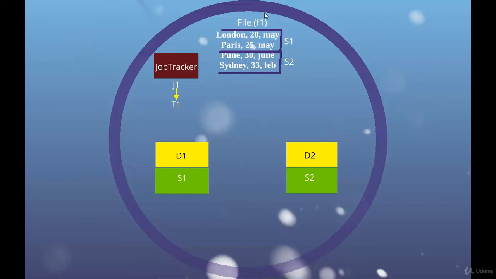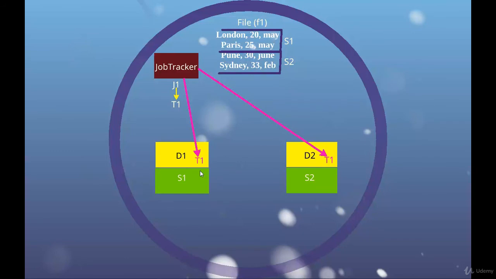Where is F1 residing? In data nodes D1 and D2. And the job tracker knows F1 is residing in D1 and in D2. So it schedules a task TT1 in both D1 and D2, so that it can execute on that machine.